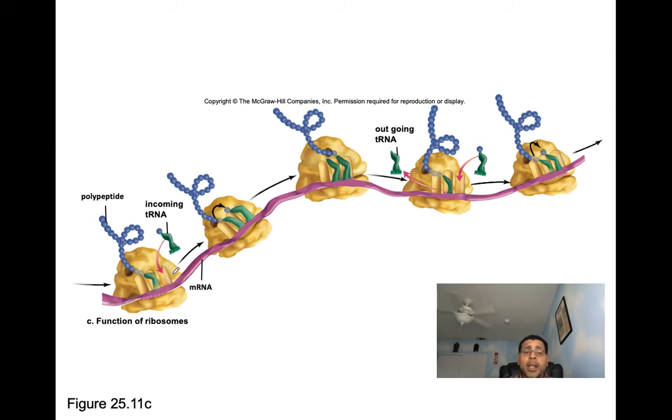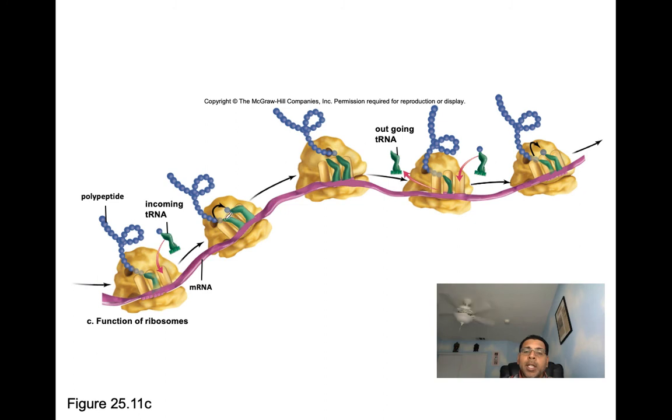When it sits in the A site then, what happens is the tRNA that's in the P site, I told you, gives up its growing polypeptide chain to the new tRNA. It says here, you hold on to it. It gives it to the new tRNA. The tRNA adds it to its own amino acid.